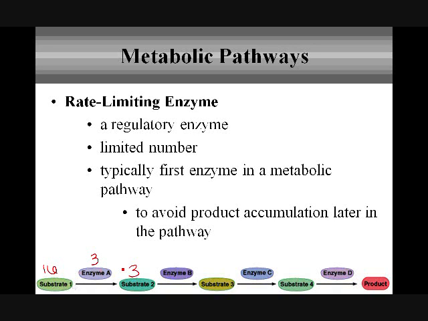You're only going to be able to use as many as you have enzymes to work with. So it controls that metabolic pathway and makes sure that it's occurring at the proper rate, not too fast and not too slow, making sure that there's a proper number of enzymes needed for life processes.